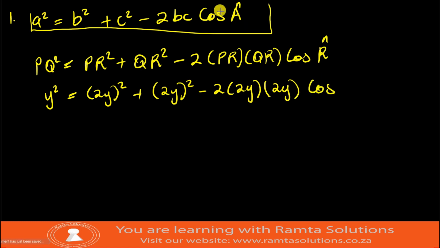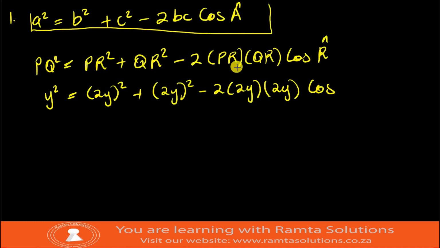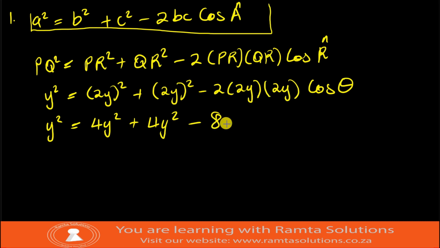Now, angle R is theta, so in place of angle R we put theta. So what do we have? Y squared equals 4y squared plus 4y squared minus 2 times 2y, which is 4y. 4y times 2y is 8y squared cos theta.